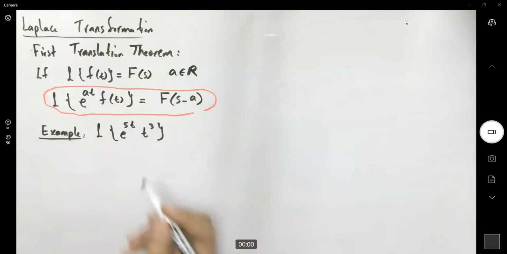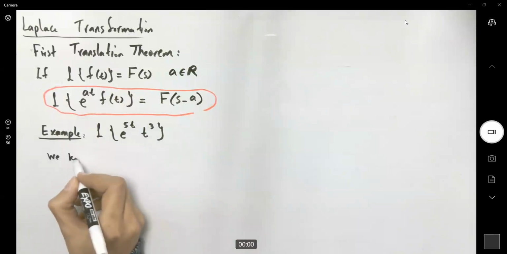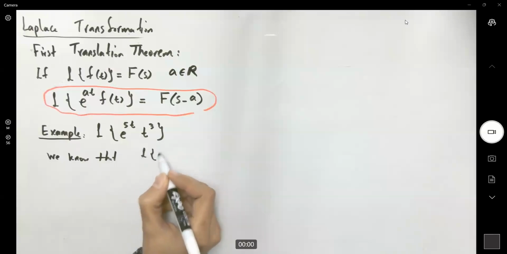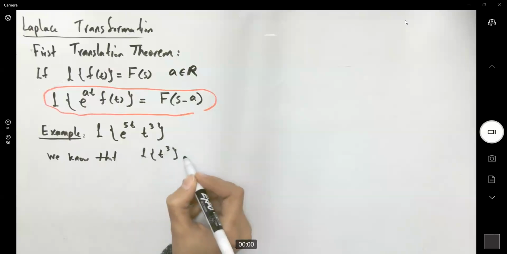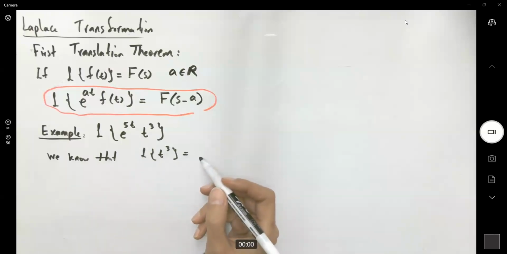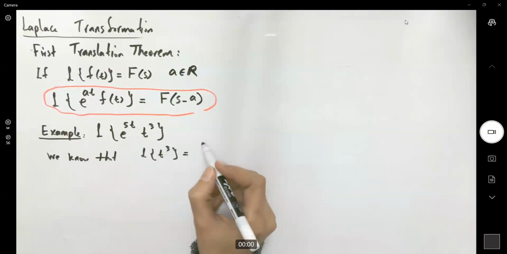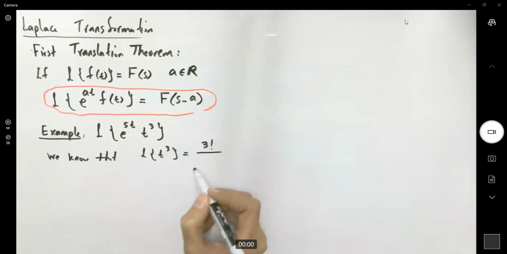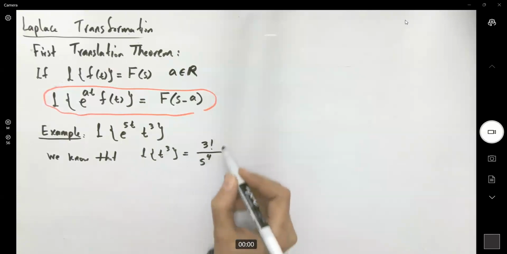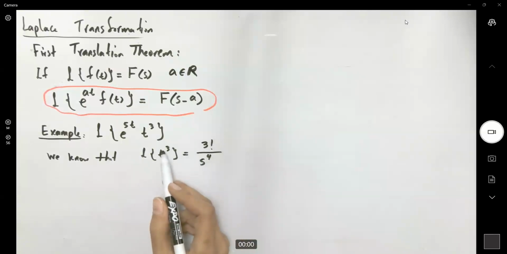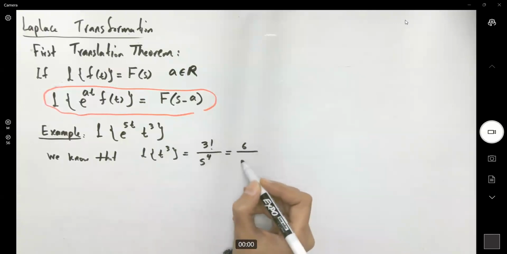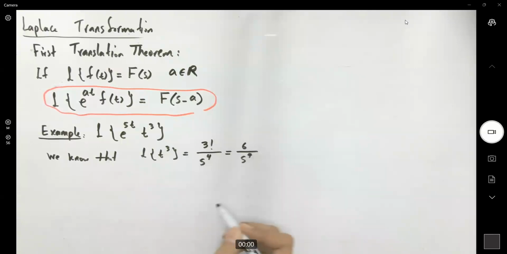We already know that the Laplace of t to the third power is equal to, well, here you have 3 factorial divided by s to the power 3 plus 1, which is 4. So we already know that the Laplace of t to the third is 6 divided by s to the fourth.